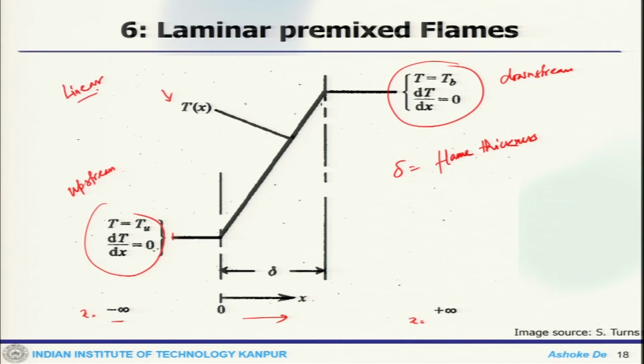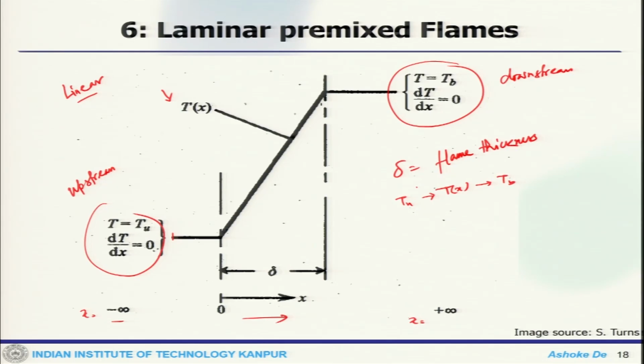So, this is the temperature profile we assume, and the temperature goes from T unburned to T burned over the distance delta, the flame thickness. So, within this distance the temperature goes from T unburned to T burned.